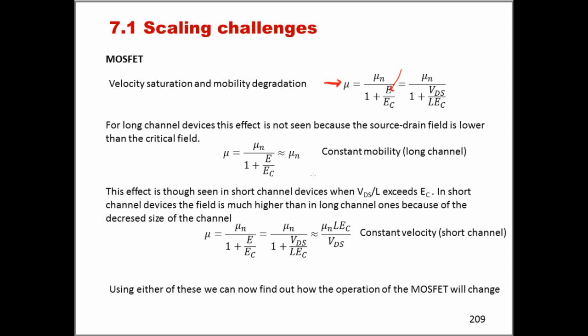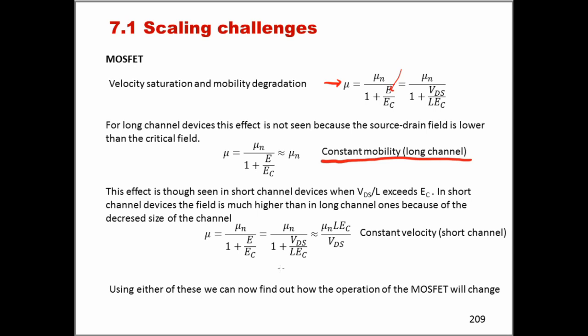And so, as we've just mentioned, if the electric field is small enough, which means effectively that we are in a long channel transistor, the mobility is effectively the mobility that we've dealt with up until now, the constant μn.